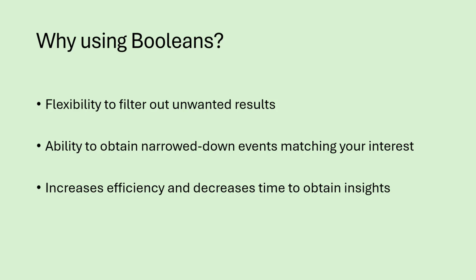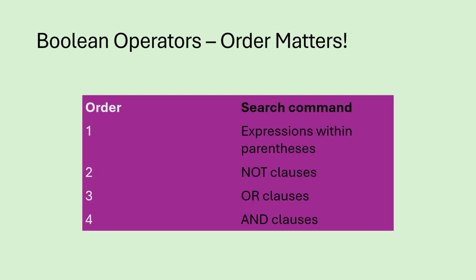Okay, so as with equations or mathematical operations like we all learned in high school, there is an order of operations. So when a single line of data has several operators, you need to establish an order. And the order per Splunk, when you're using the search command, is, first of all, expressions within parentheses are evaluated.